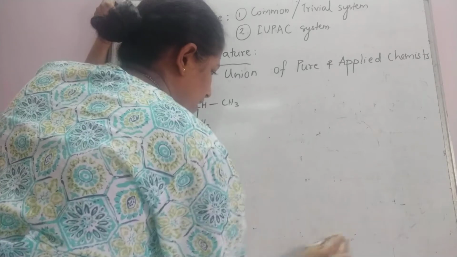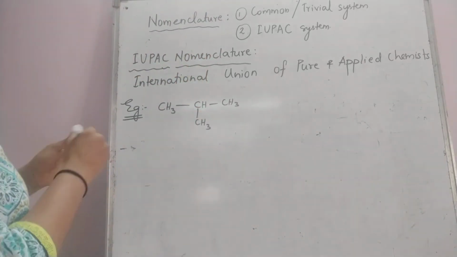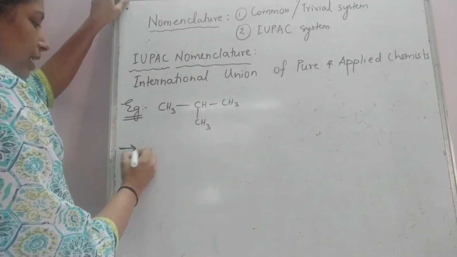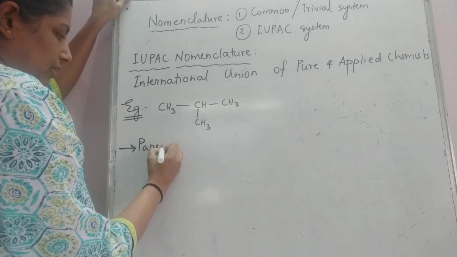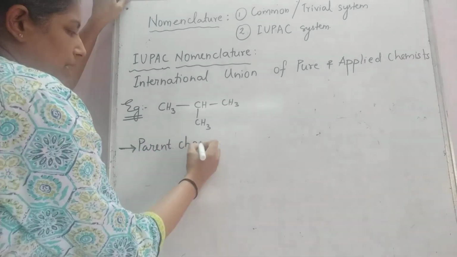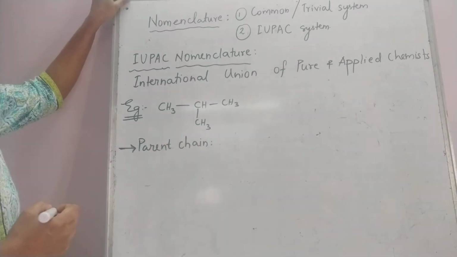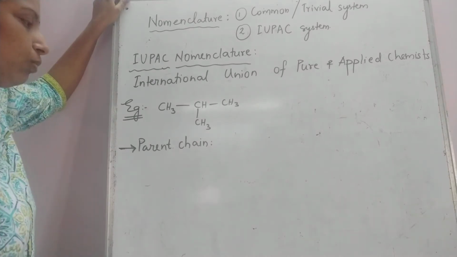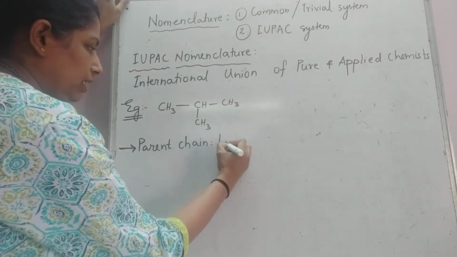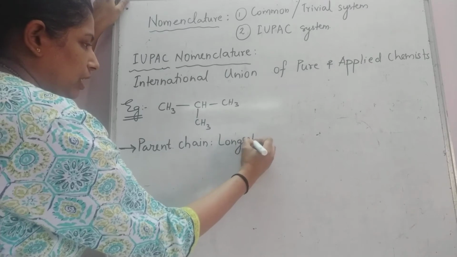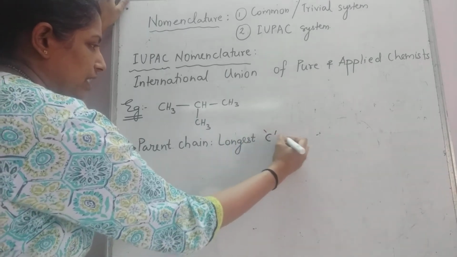The first step is to identify the parent chain. Now what is a parent chain? It is nothing but the longest carbon chain.